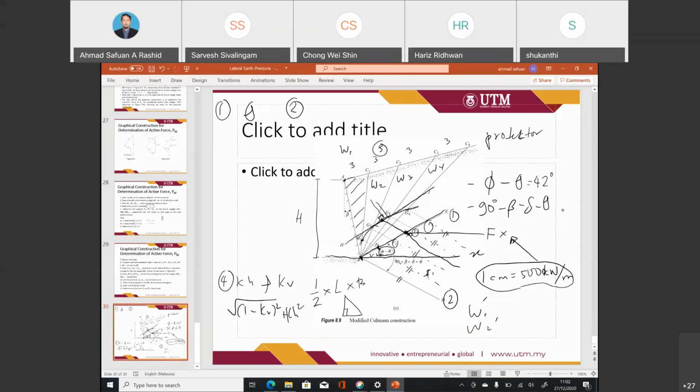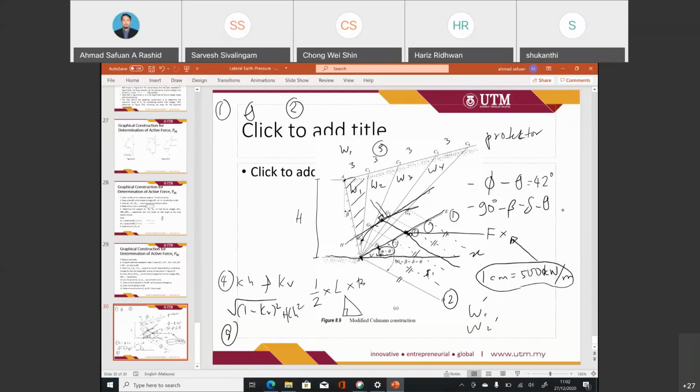So then step number 5, we need to compute the wedge area for the trial surface. So W1, W2, W3, W4.